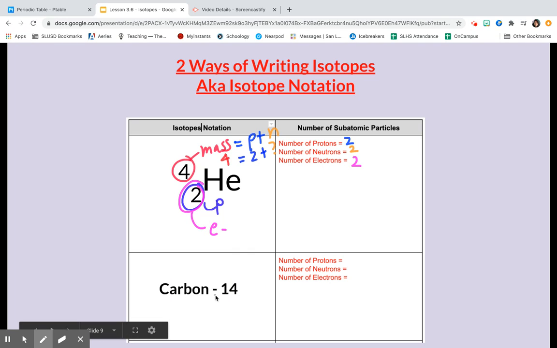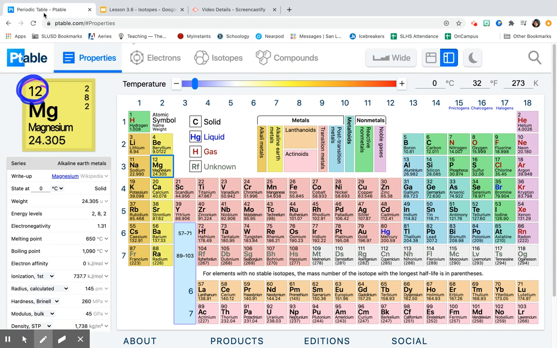So here, the second one, carbon. I know this is carbon, and I also know that this number back here is the mass, right? But since it's written with a full name, I need to look up how many protons carbon has. So let's check my periodic table and let's look for carbon.